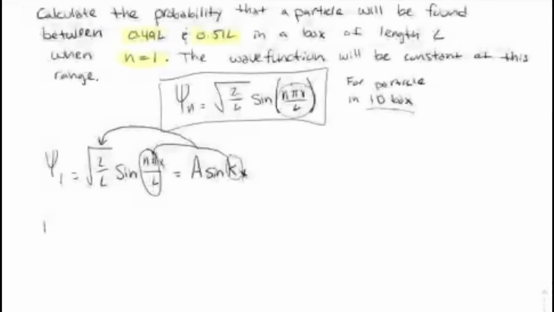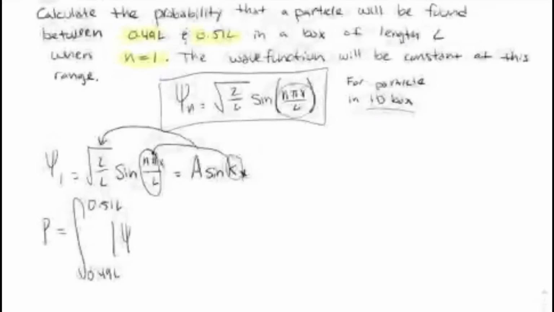So whenever we're finding the probability of locating a particle, our domain is going to be 0.49 L to 0.51 L. And we always take psi squared dx. Now psi squared dx is going to remain the same as what we have over here. We don't have any i's or imaginary numbers, so it's going to be exactly the same squared.